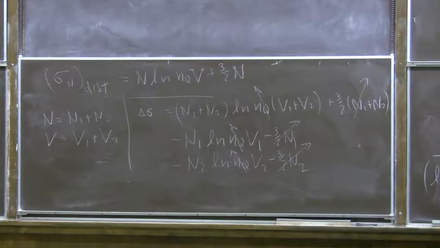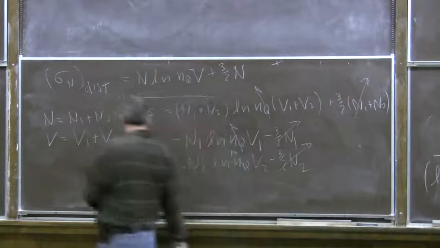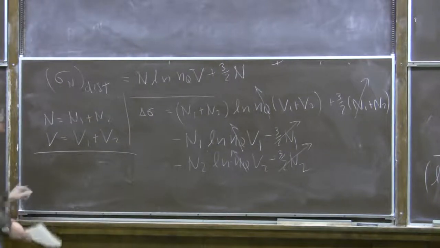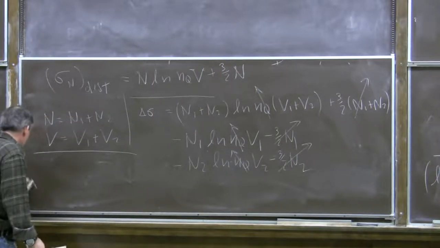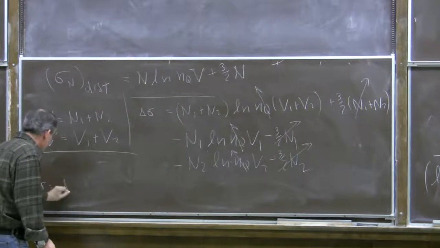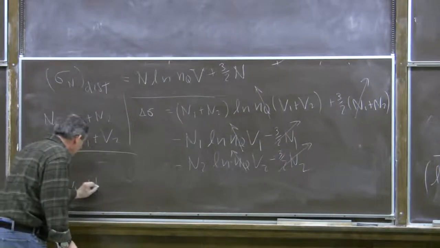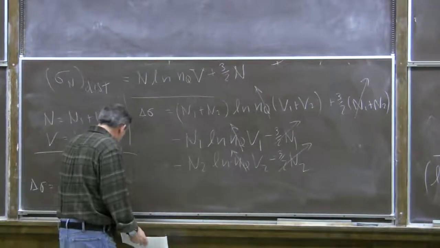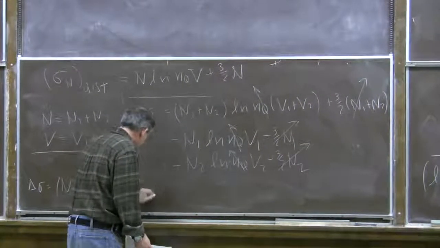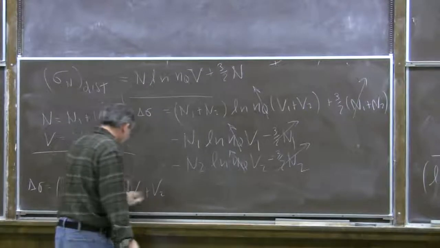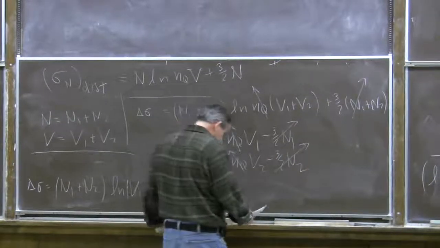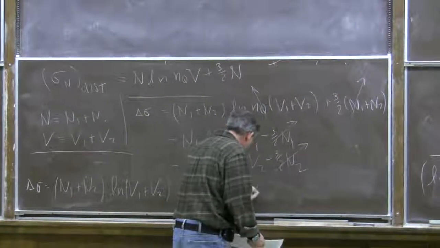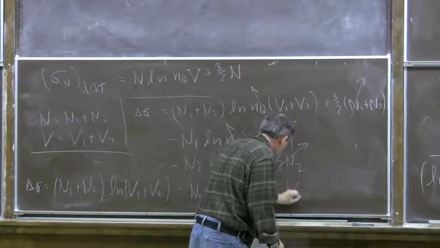But there's still something left: the terms that go like N times log volume. For delta sigma, the difference between the entropy after the partition is removed and the entropy before, it's N1 plus N2 times log of total volume minus N1 log of volume 1 minus N2 log of volume 2.